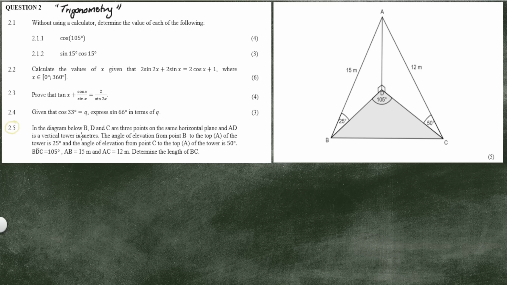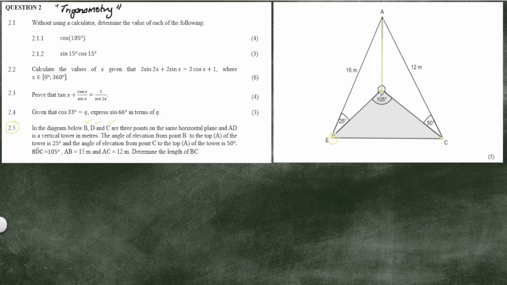2.5. In the diagram below, B, D, and C are 3 points on the same horizontal plane, and AD is the vertical tower in meters.